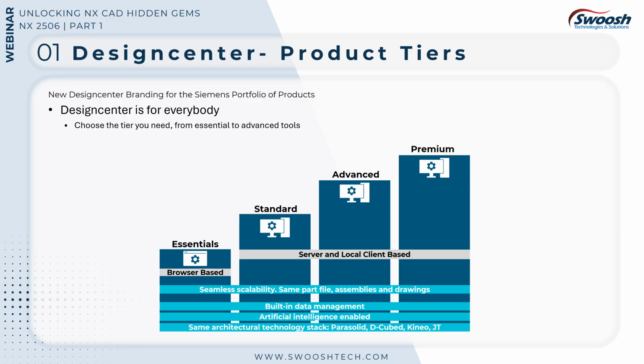Unlike competitors with fragmented systems, the portfolio is going to integrate AI capabilities and built-in data management powered by Teamcenter X. NXX, a key part of the offering, does feature 4 scalable tiers that operate seamlessly across browser and desktop environments. That's going to provide unmatched flexibility, functionality, and affordability for organizations of all sizes, from startups to global manufacturers.